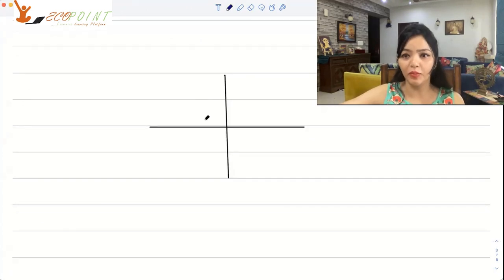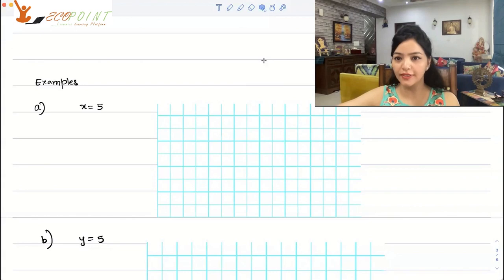This entire plane is called R2. All R2 points can be represented out here. There are infinitely many.